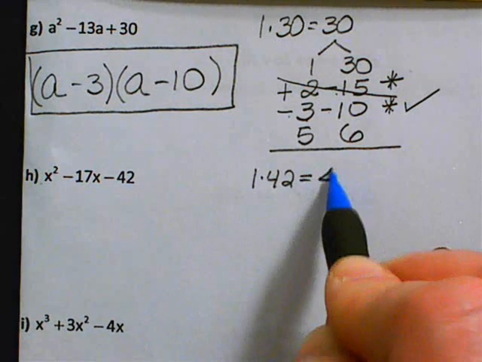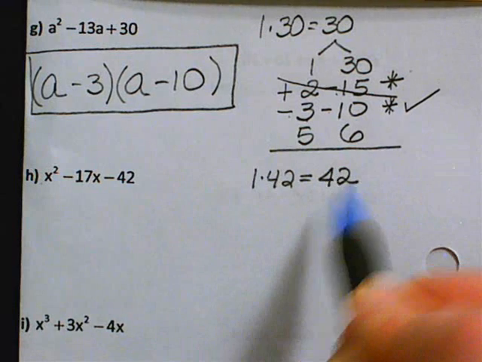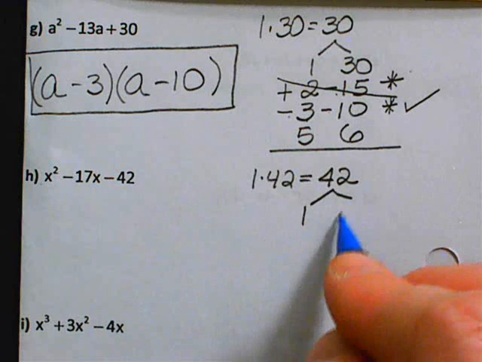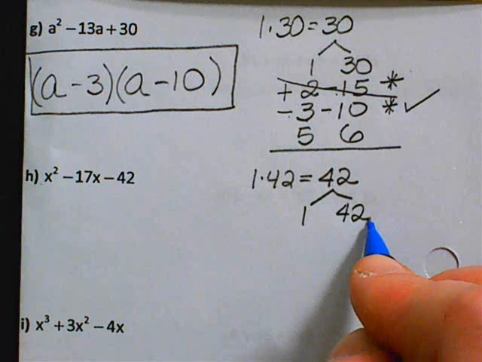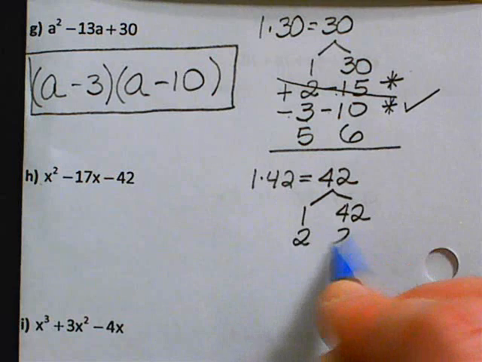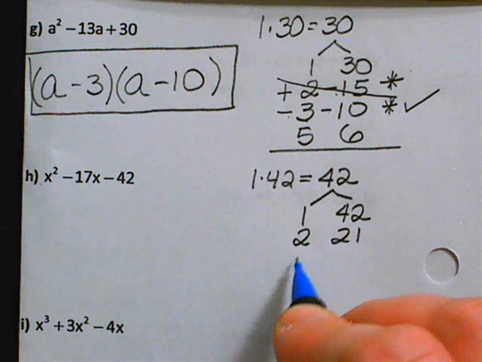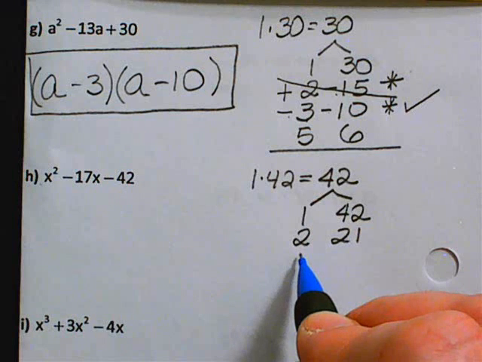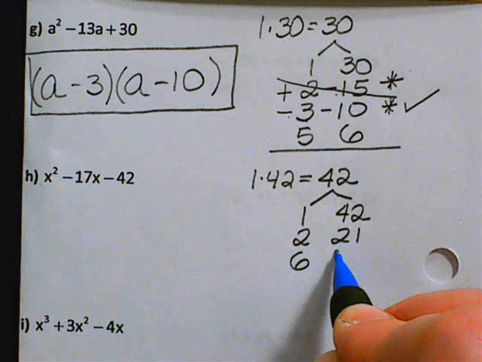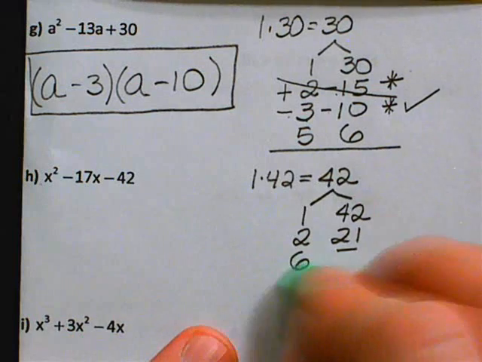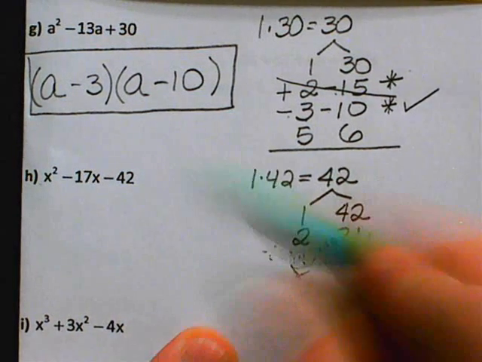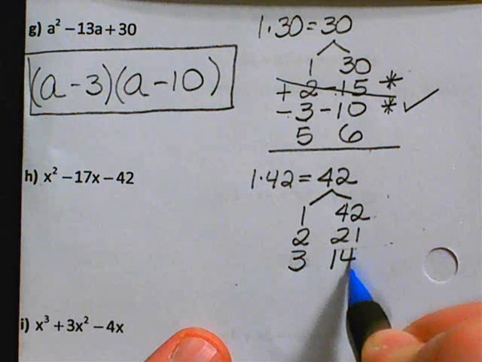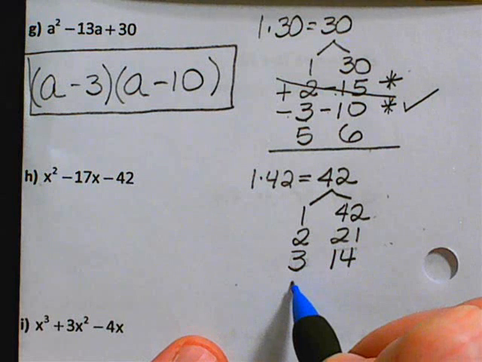Two numbers that give me 42 are 1 and 42, 2 and 21, 3 and 14, 4 doesn't, 5 doesn't, 6 and 7.